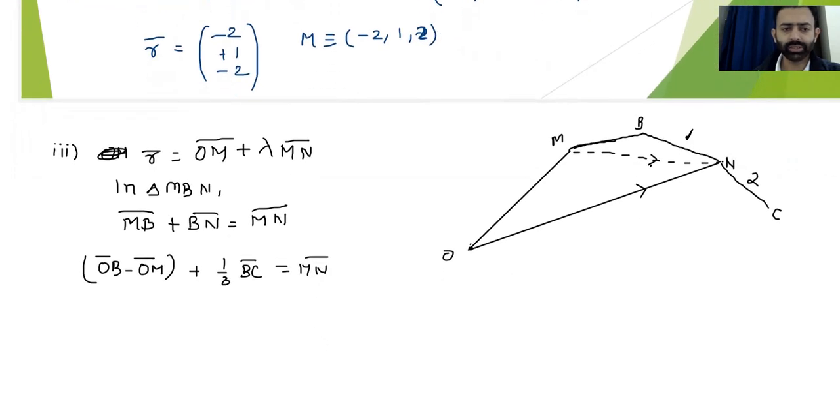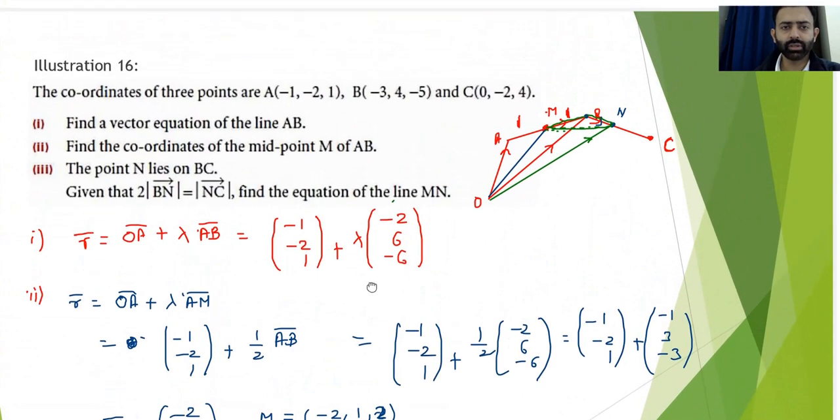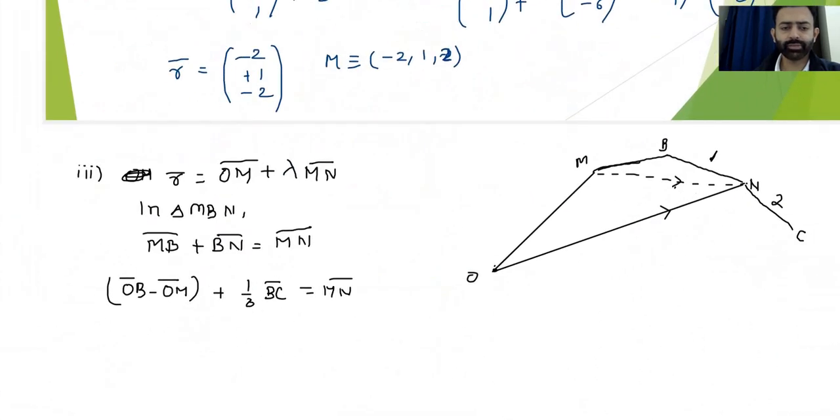Okay, now BC, MN I can find out. This OB, I know the position vector of B, which is -3, 4 and -5. I know the position vector of M, which is -2, 1 and -2. Right, plus 1/3 of BC.